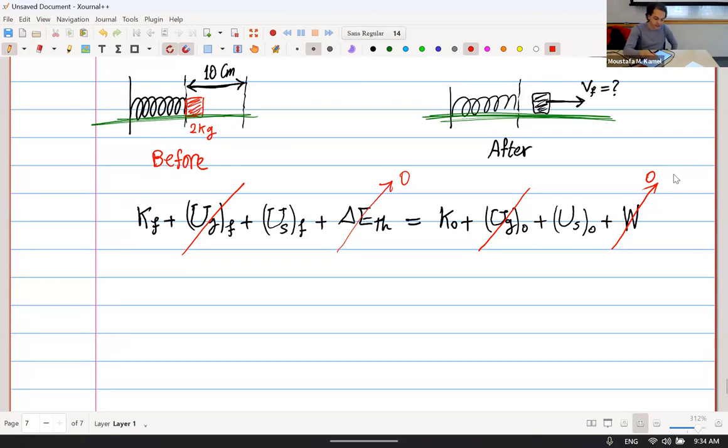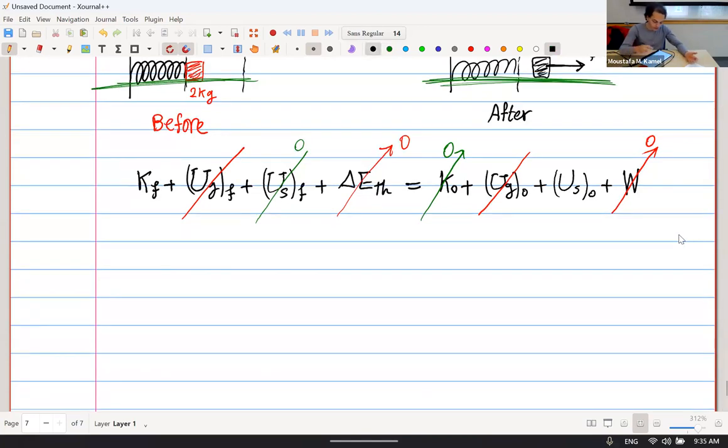Yes, the initial kinetic energy is zero because it was at rest, it starts from rest. So this is zero as well. What else? There's no more energy stored in the spring. Yes, no more compression. It goes back to the equilibrium position. So the final spring energy is zero.